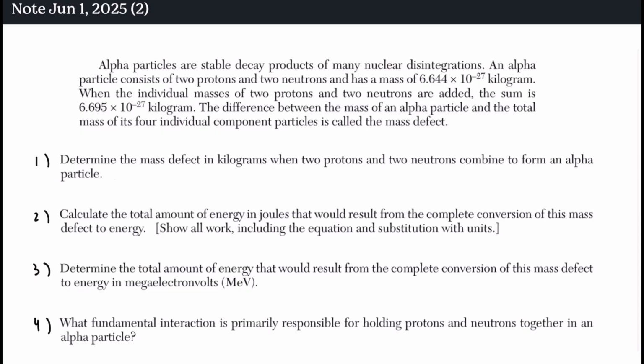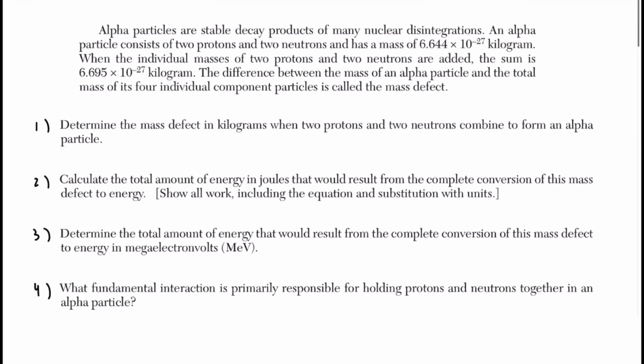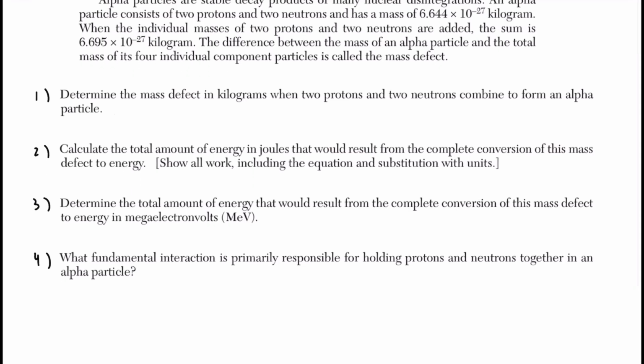The difference between the mass of an alpha particle and the total mass of its 4 individual component particles is called the mass defect. So, number 1, determine the mass defect in kilograms when 2 protons and 2 neutrons combine to form an alpha particle. In this question, mass defect is the missing mass between the alpha particle and the individual protons and neutrons which make the alpha particle.